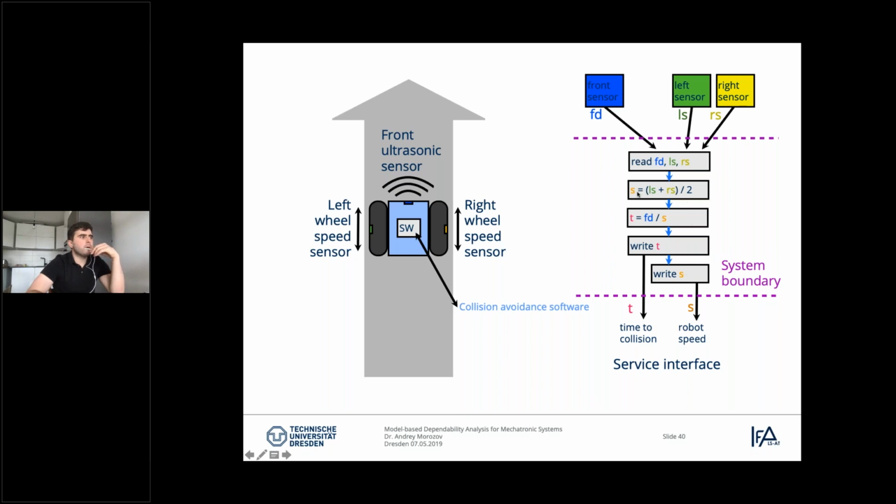First, it computes the average speed of the robot, like a mean value between the left sensor and the right sensor. Basically this is the speed which will be provided. And it also takes the reading from the front sensor, which is the distance to the obstacle, and it computes time to collision. Time to collision is computed as front distance divided by speed. Yeah, logical.